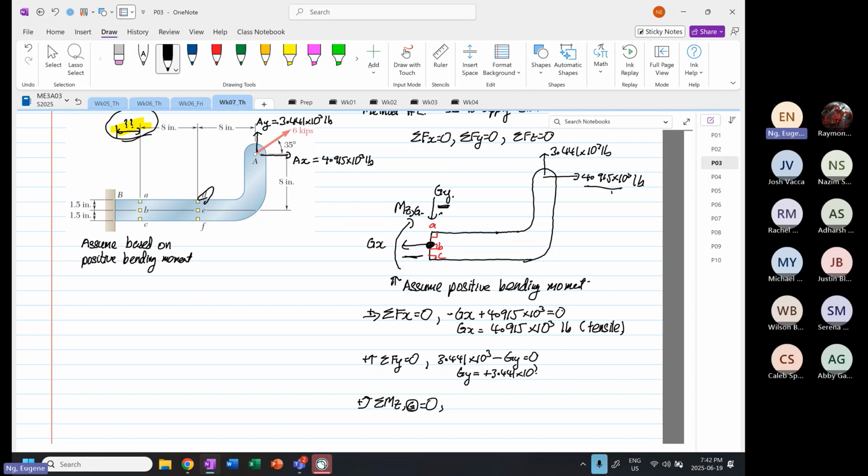Okay. So when that's the case, we have minus MZG, right? And then this one is going to induce a clockwise, so minus 4.915 times 10 to the power 3 multiplied by a perpendicular distance of 8.